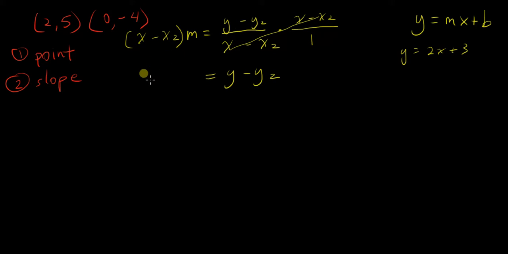And over here, I'm going to switch the order of the m and the parenthesis, because that doesn't matter. 2 times 3 is the same as 3 times 2. So this is multiplication. It doesn't matter if I switch the order. And the only other thing I'm going to do is switch the sides here, because normally when you see this format, the y stuff is on the left and the x stuff is on the right.